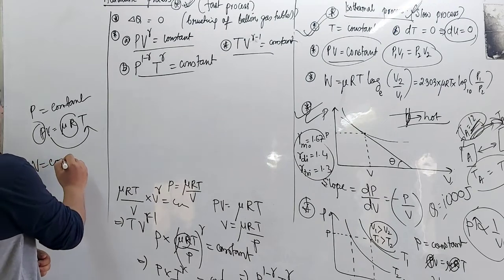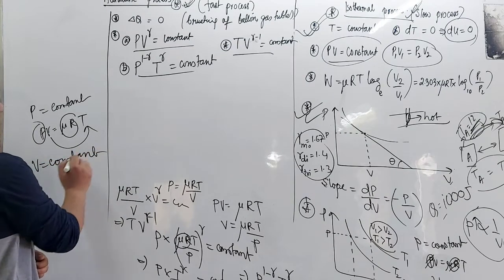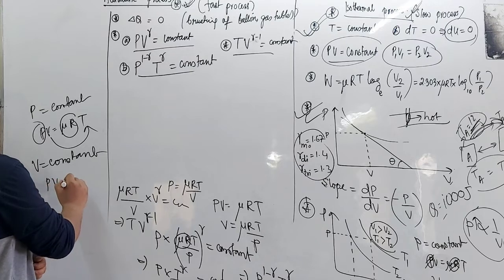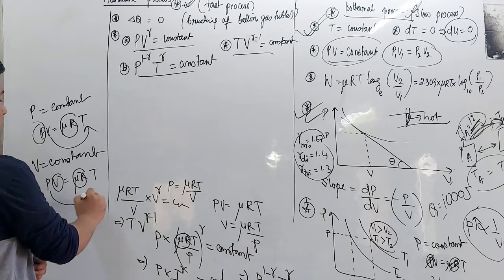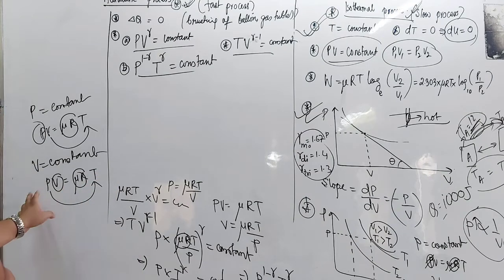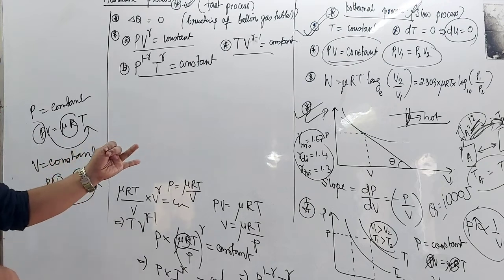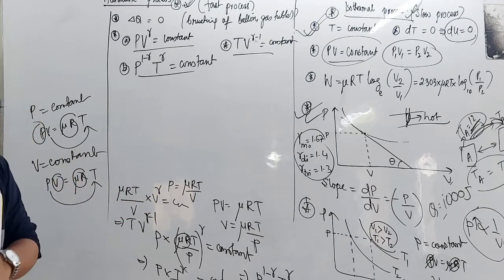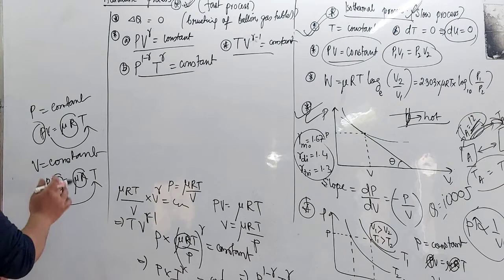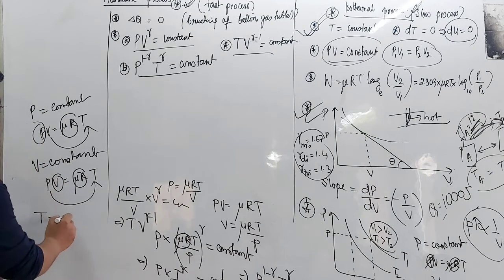Next, volume constant, the volumetric process. PV is equal to mu RT. Out of the three, pressure, volume and temperature, V is constant, so pressure and temperature are remaining. These two are directly proportional. Do you understand this one? Next, isothermal process, T equal to constant.